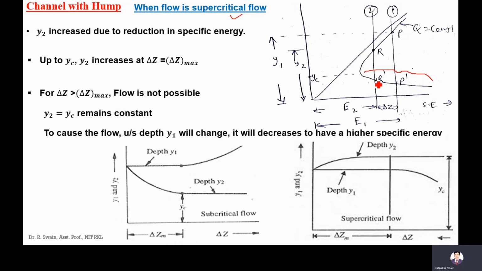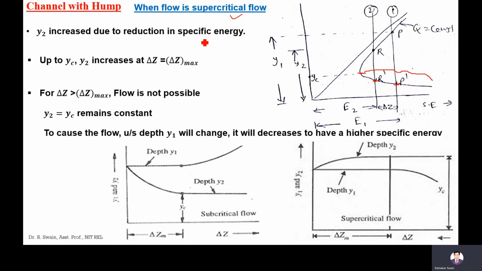Here initially y1 is here, y2 is here. So if you increase delta Z, E2 decreases, but y2 increases. It will increase up to this critical depth.